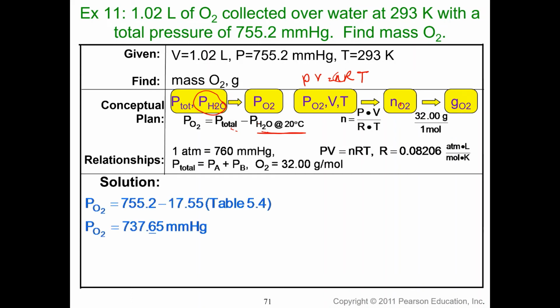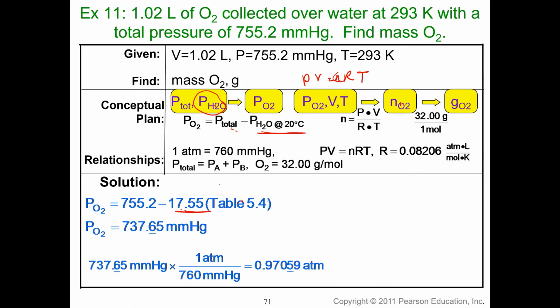So we get this pressure from the table. It's given to you. During the exam, obviously, I have to provide you with that information. I'm not just going to leave it to you to Google it. I will offer you that information during the test. Okay, so no problem there.